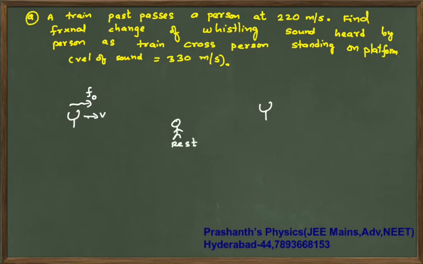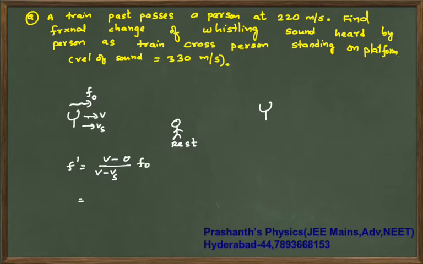So now your first apparent frequency f dash received is, velocity of sound with respect to observer, v minus 0, by velocity of sound with respect to source. So source Vs is given as 220. So it is v by v minus Vs times f naught.